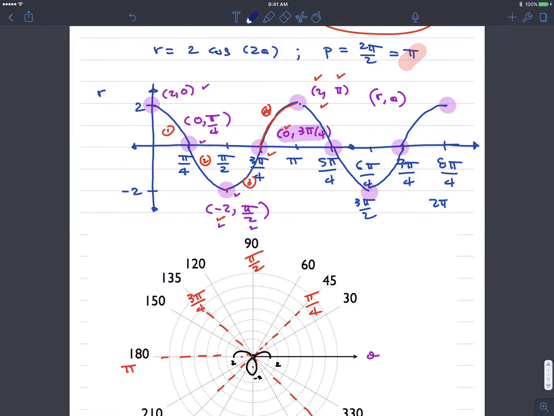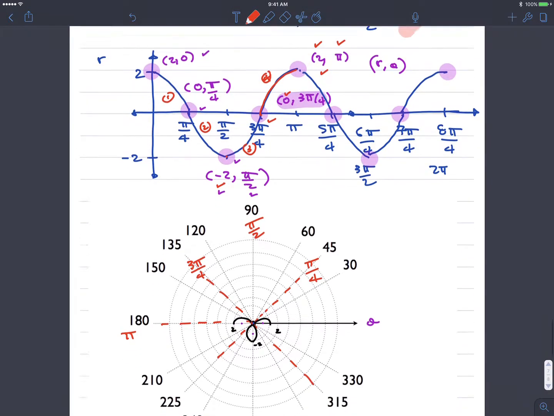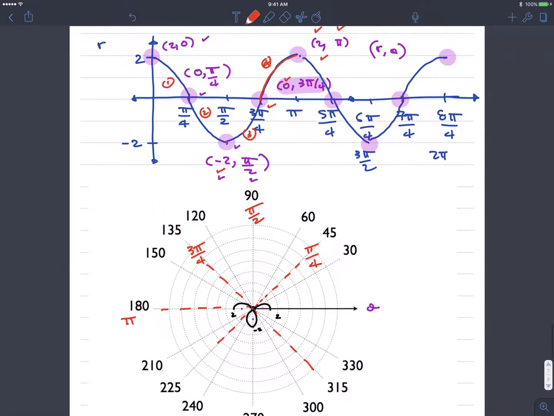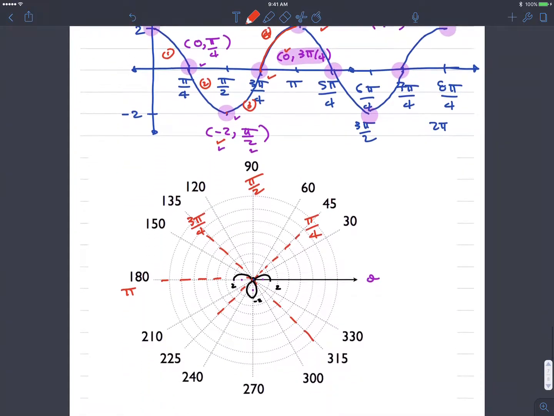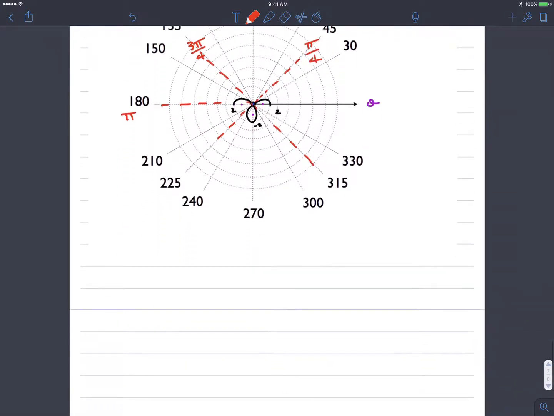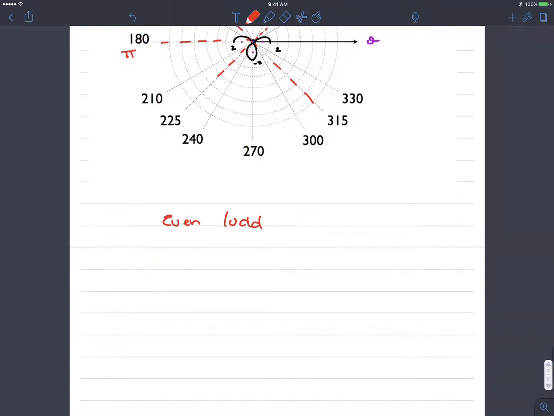But I want to remark about something here about cosine, about evenness and oddness. If you're even or you're odd, what do you know about cosine?